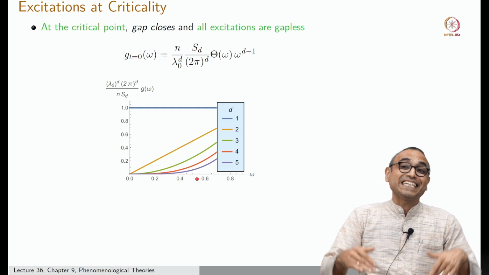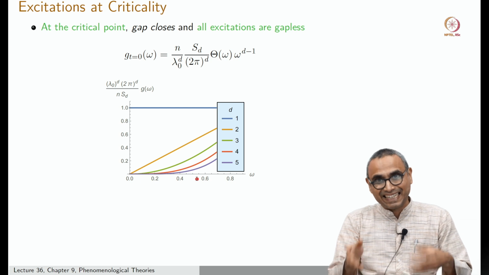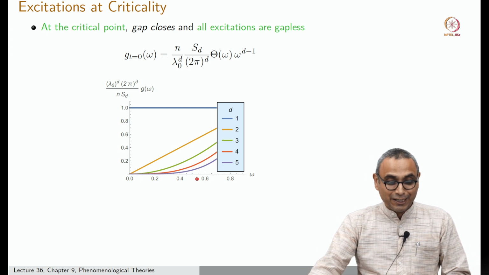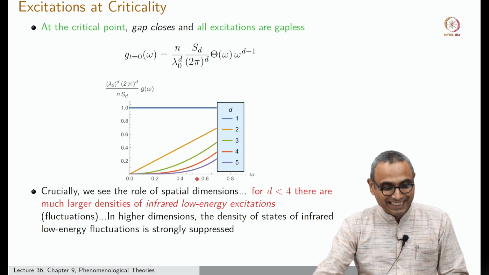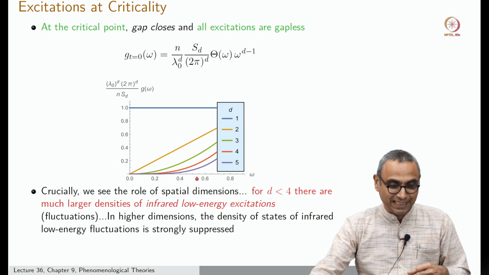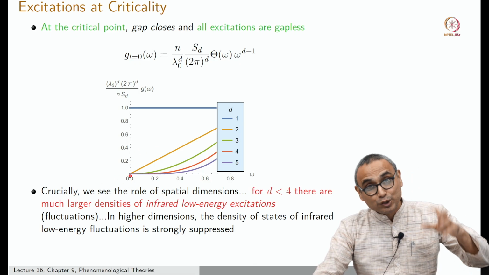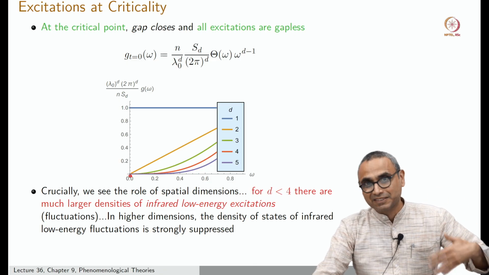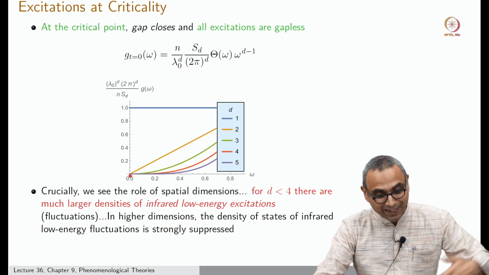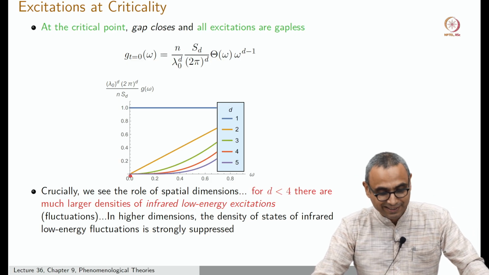which means that the effect of fluctuations becomes lesser and lesser as we go to higher and higher dimensions. Based on this, we can see that dimensions less than 4 have significant density of states in the infrared, and those fluctuations will be thermally activated because they are low in energy, and they will ruin the nice things that we found with the Landau theory.